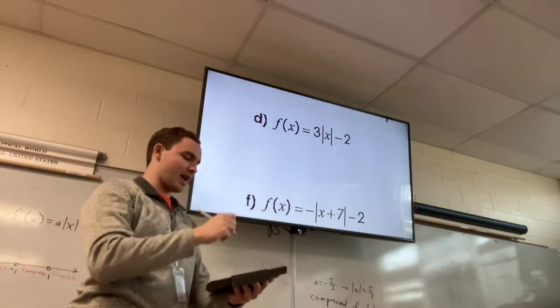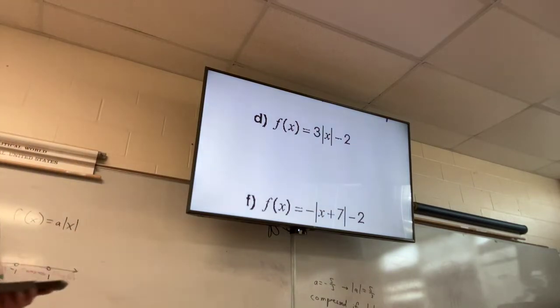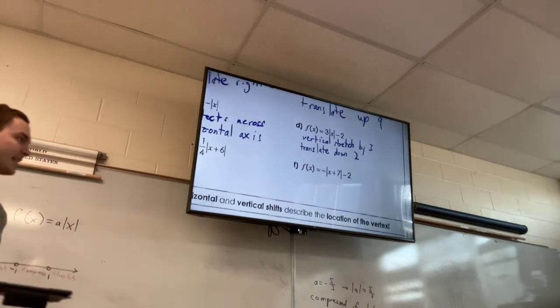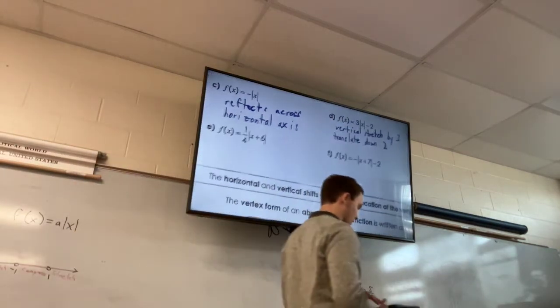This one's going to stretch, because the absolute value of 3 is greater than 1. So vertical stretch by 3, and then translate down 2.